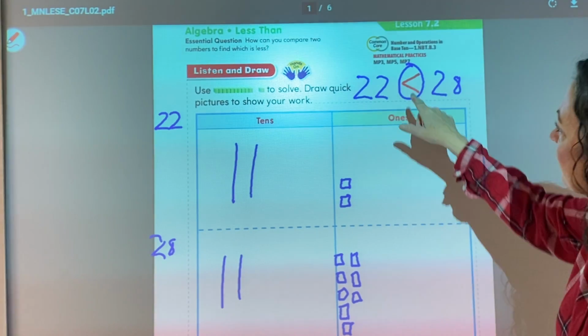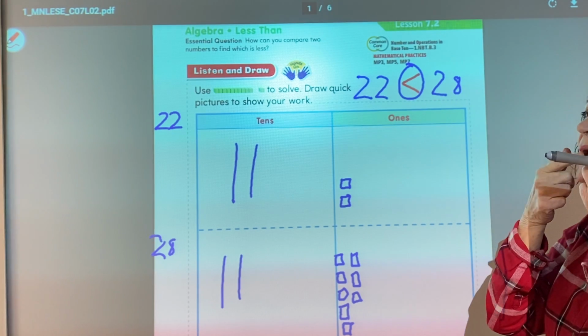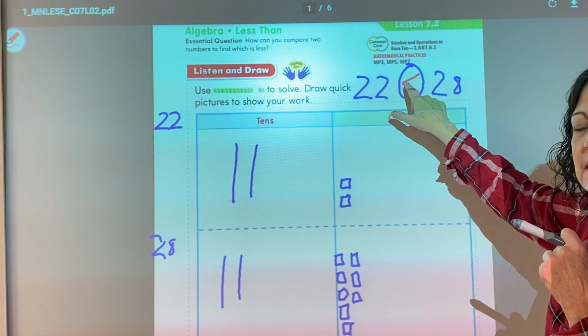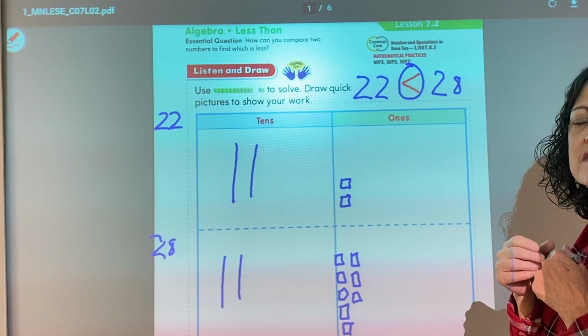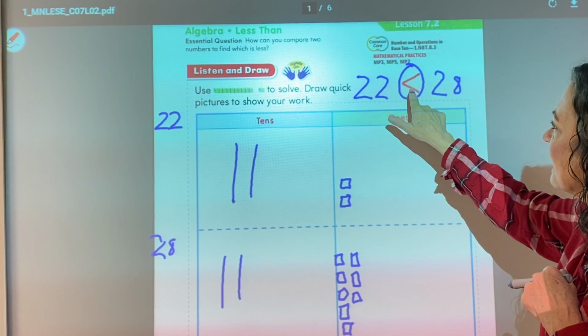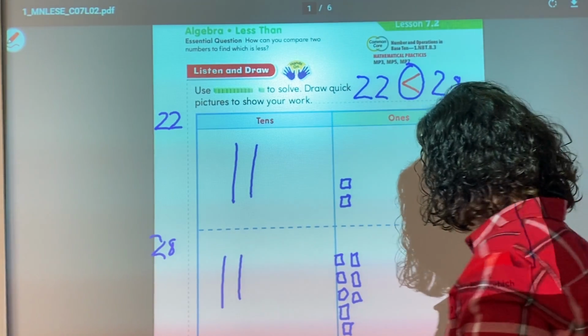The little point is always going to point to the small number. So that tells me that 22 is less than 28. You just read it backwards. Okay?